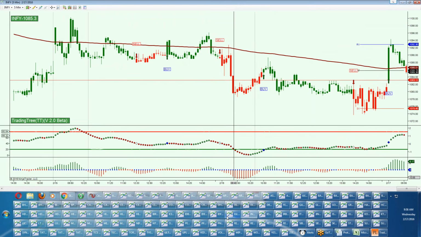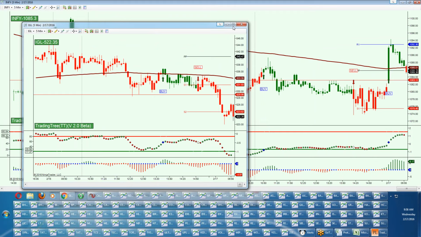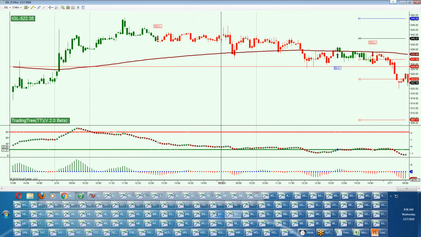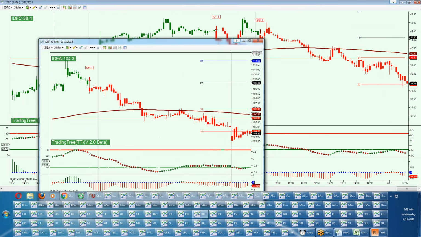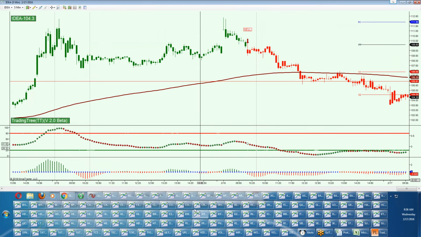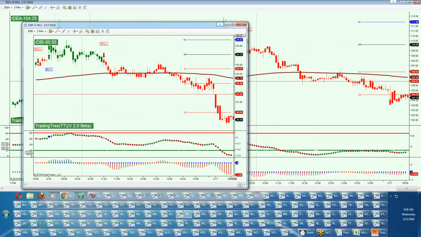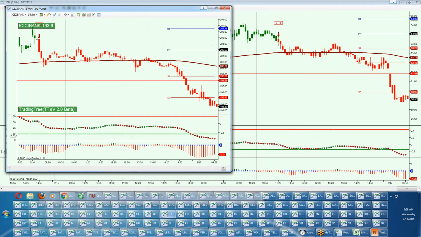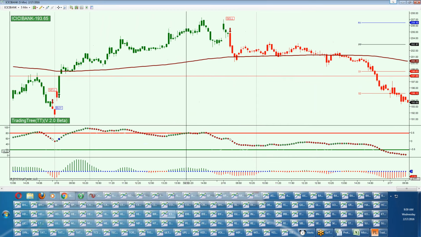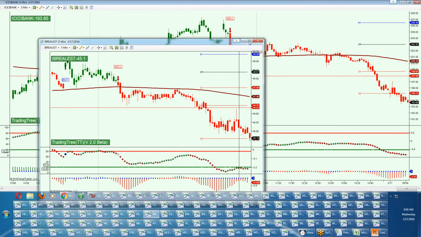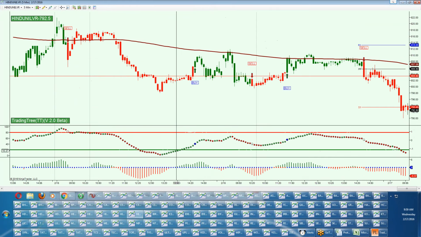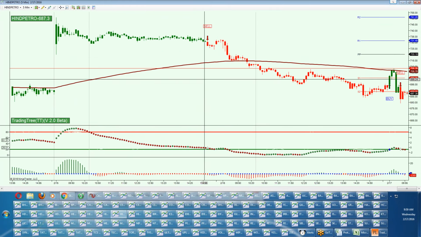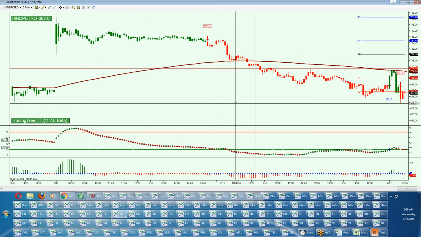Infy will get a sell call. So in Petro you can enter at 679.